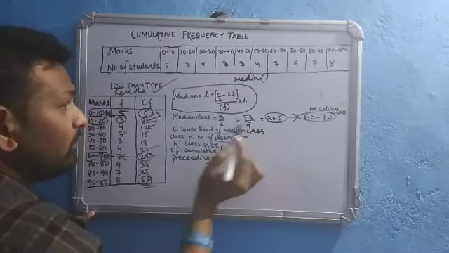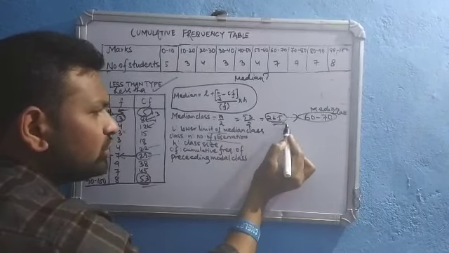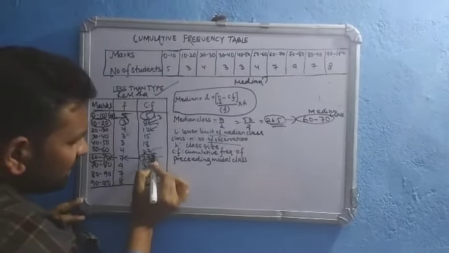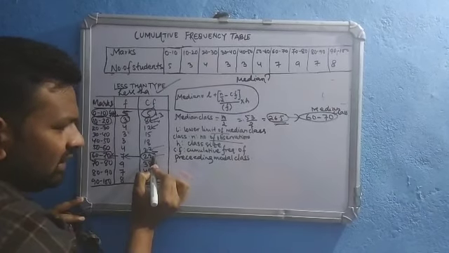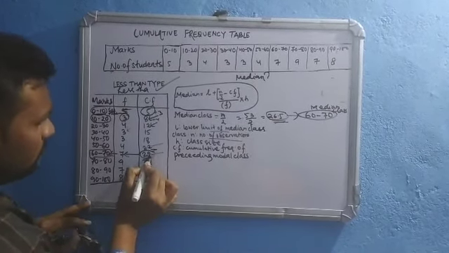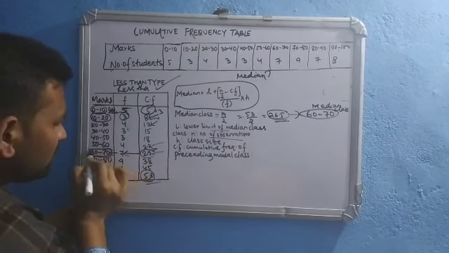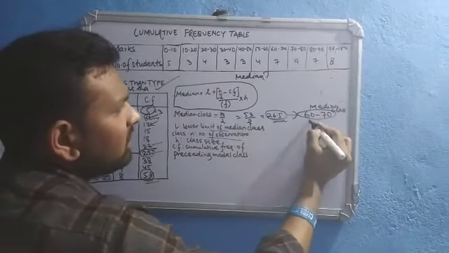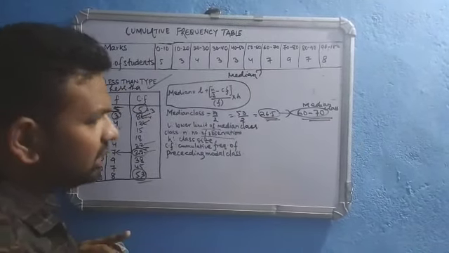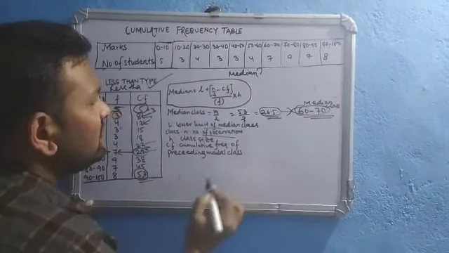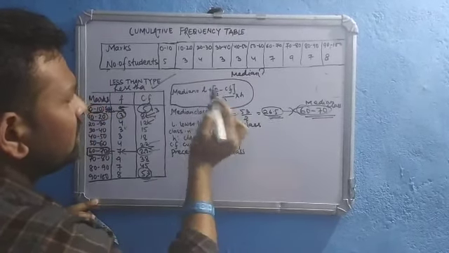Obviously 26.5 is closest to 29. It's not closest to 22, isn't it? So the class interval corresponding to this cumulative frequency is called your median class. So here our median class will be 60 to 70. It's fairly simple.